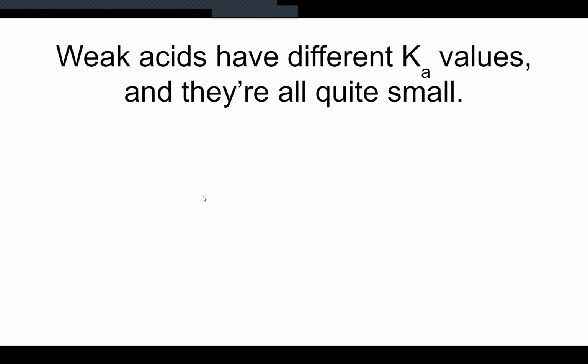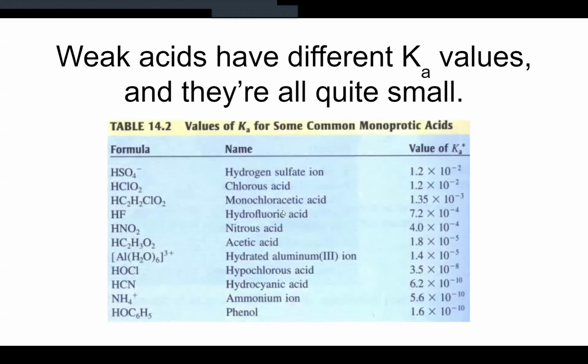Weak acids do have different Ka values, but all of them are quite small. Take a look at this table. Here's a chart of several different Ka values for weak acids. They range on the bigger side on the order of 10 to the minus second, but then they get much, much smaller: 10 to the minus third, 10 to the minus fourth.